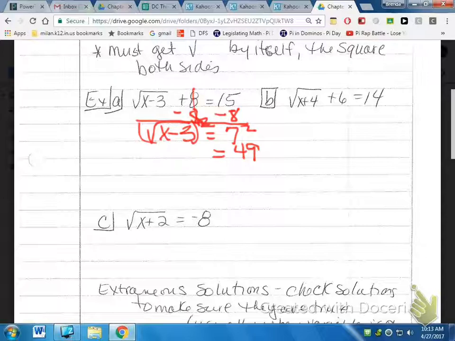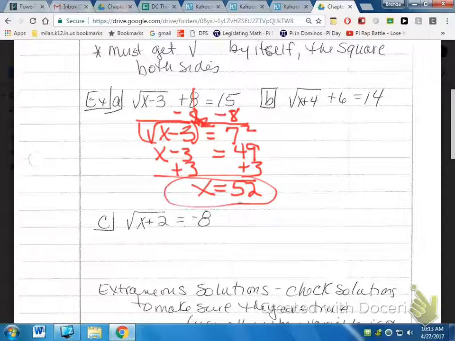They cancel each other away. So you get x minus 3. To solve that equation, you add 3, and therefore x is 52. And you are done. I like this. This is kind of like some of the other stuff we've done. All right. Example B.